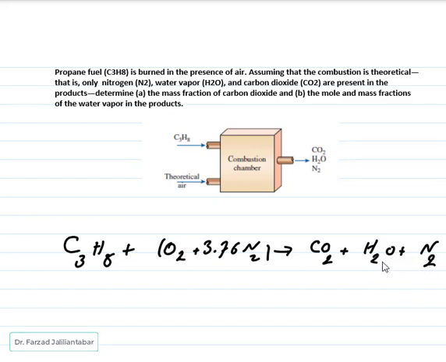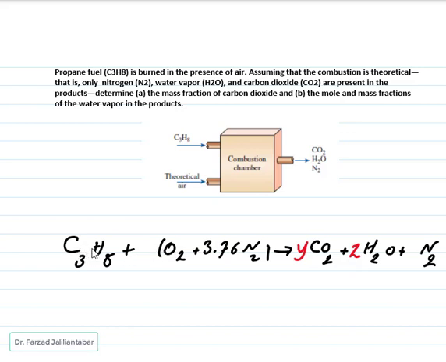But what are the moles? We don't know how many moles of product there are, so we can write Y for CO2, and Z for H2O.